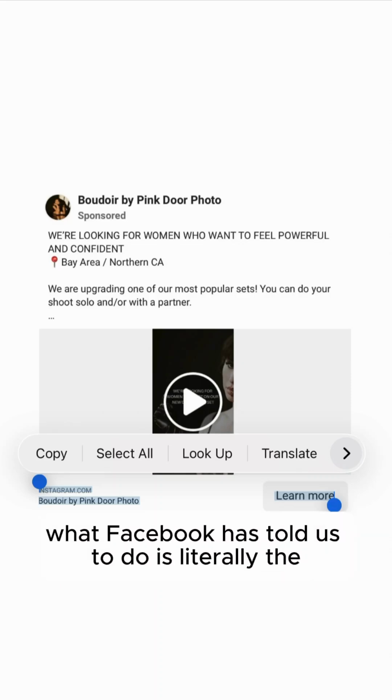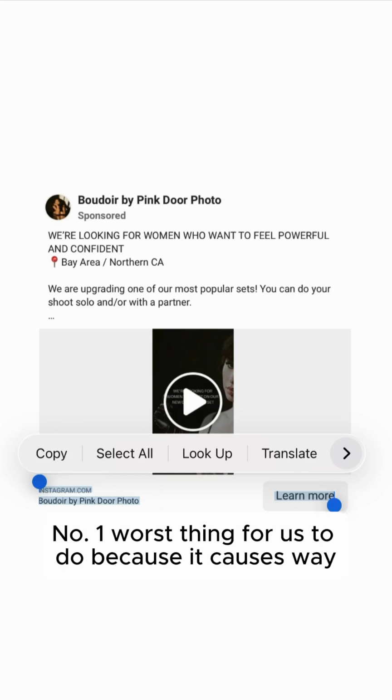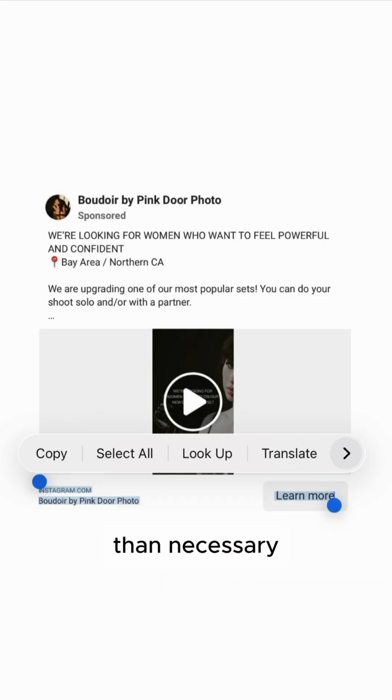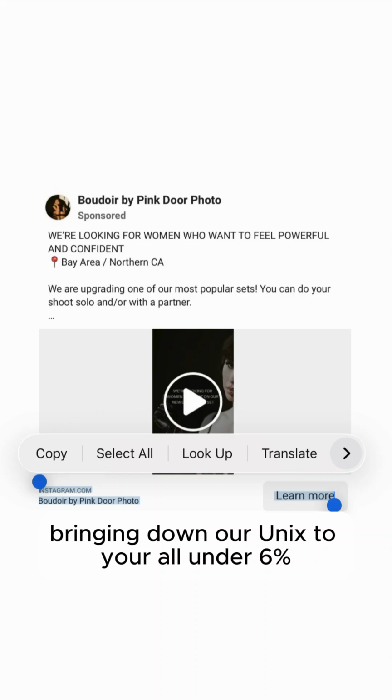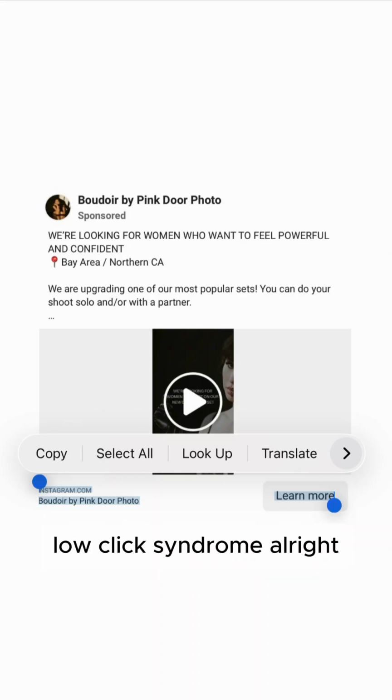And following what Facebook has told us to do is literally the number one worst thing for us to do, because it causes way, way, way more women to scroll by our boudoir Facebook ads than necessary. Bringing down our unique CTR under 6%, contributing to BLCS, boudoir low click syndrome.